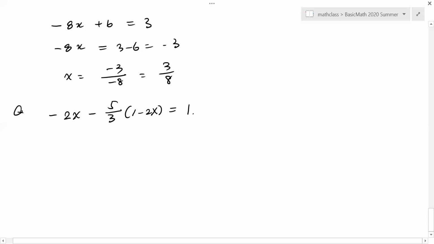The idea is to simplify the equation step by step. And there's a fraction there. It's harder to do the addition and multiplication with the fraction, so it's better to get rid of the fraction first. Every term should be multiplied by 3. That's my hint.